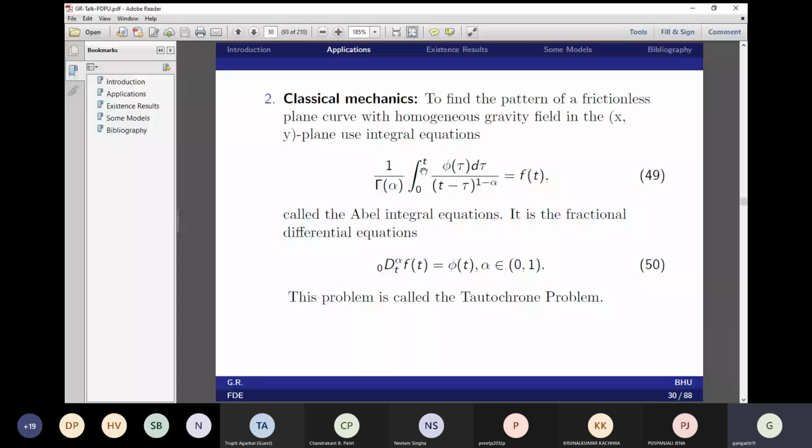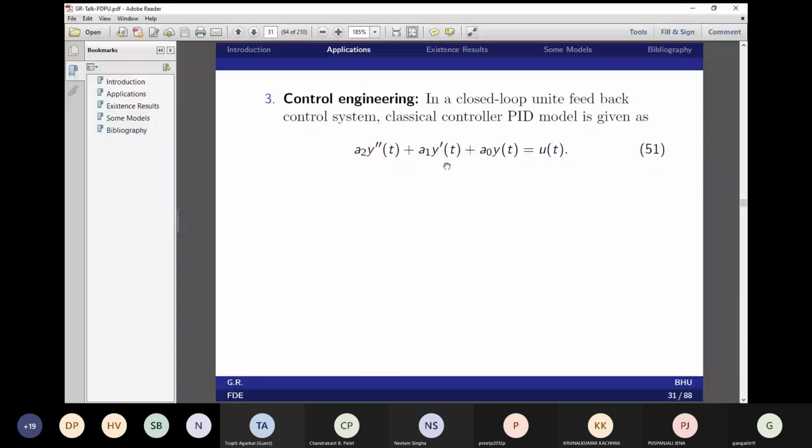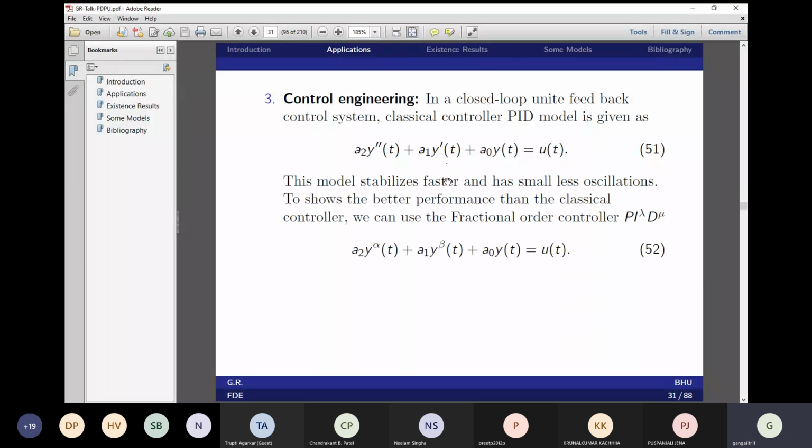And control engineering, you know very well about control. Professor Pritham and Professor Y Chen also discussed more detail about the control theory, so there is no need to explain more about that application of the theory of fractional calculus.